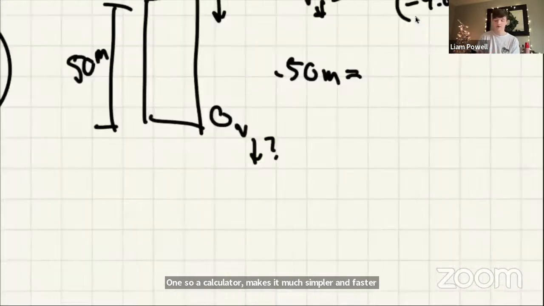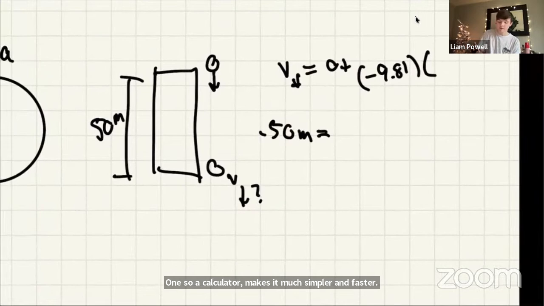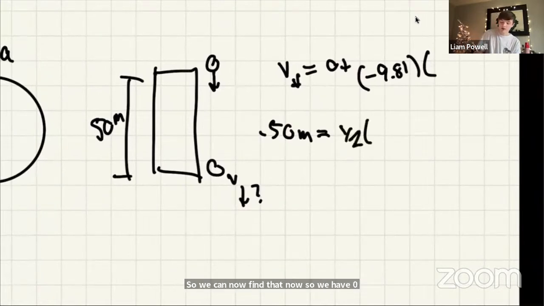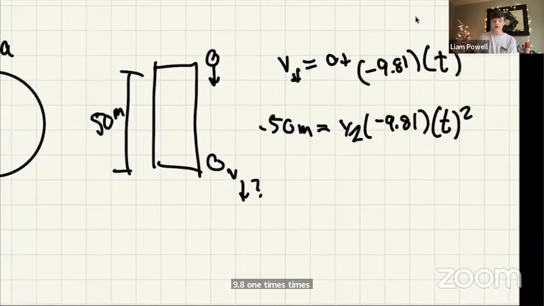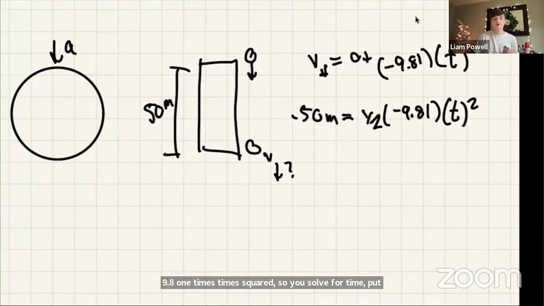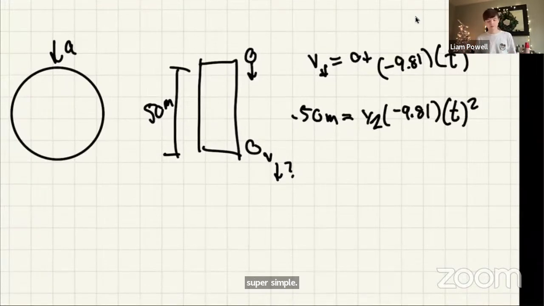So we have 0 times time plus 1/2 acceleration, negative 9.81, times time squared. You solve for time, put that into time here, and then you have your answer. This is super simple, so I'm not going to spend a lot of time going over this.